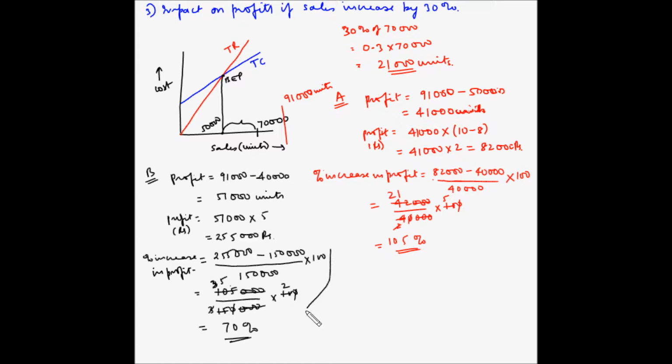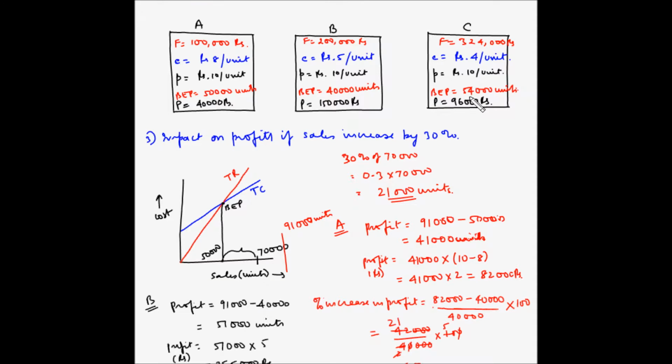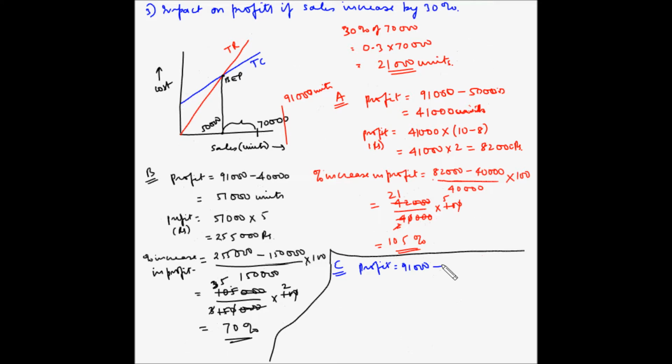Now let's do the same thing for C. So for C, the profit in terms of units will be 91,000 minus 54,000 units, which is equal to 91 minus 54 is 37, so 37,000 units.